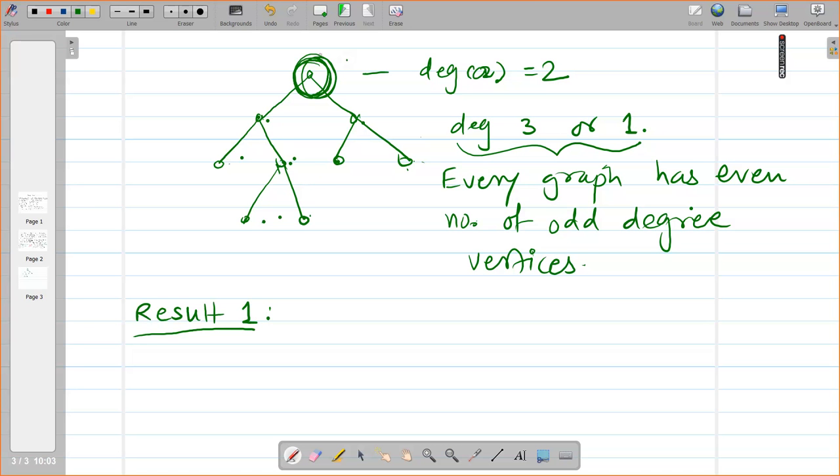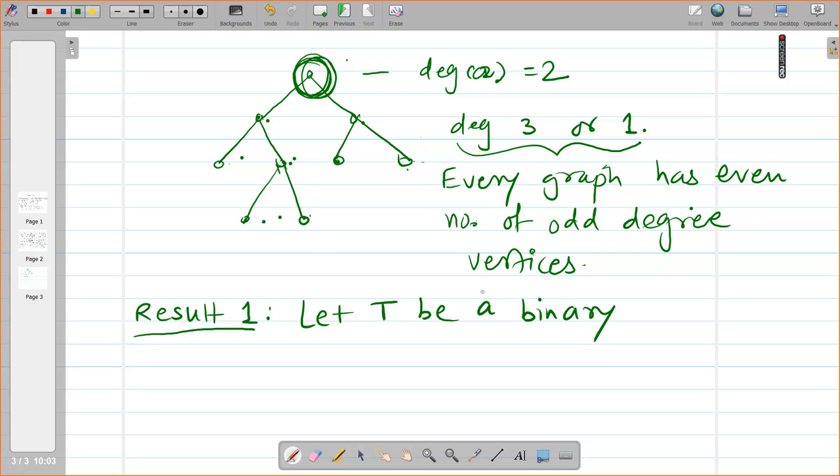Even number of vertices plus 1 vertex. Should be an odd number or even number? Odd number. Okay, that's why every binary tree contains an odd number of vertices. You cannot draw a binary tree on an even number of vertices.